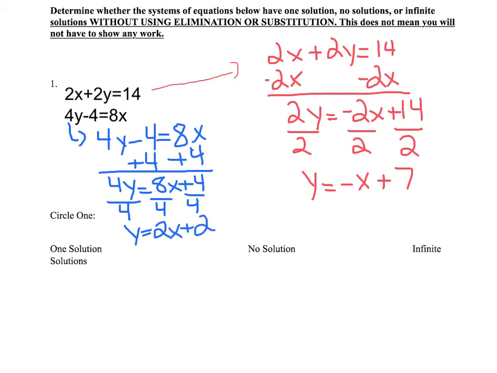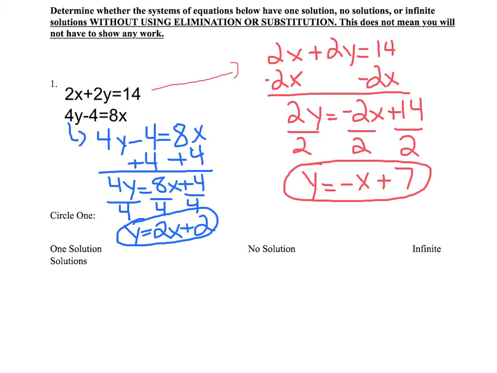So whenever you're posed this kind of question, you're going to need to do this for both of the lines that you're given. You're going to need to get y by itself, so you need to get the lines into y equals mx plus b form, slope-intercept form. From here, we can look at our line. So we're going to look at the y equals 2x plus 2 and the y equals negative x plus 7.